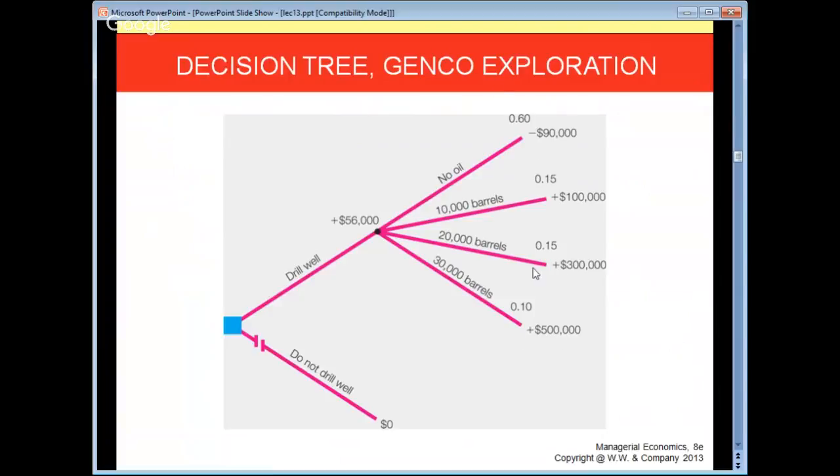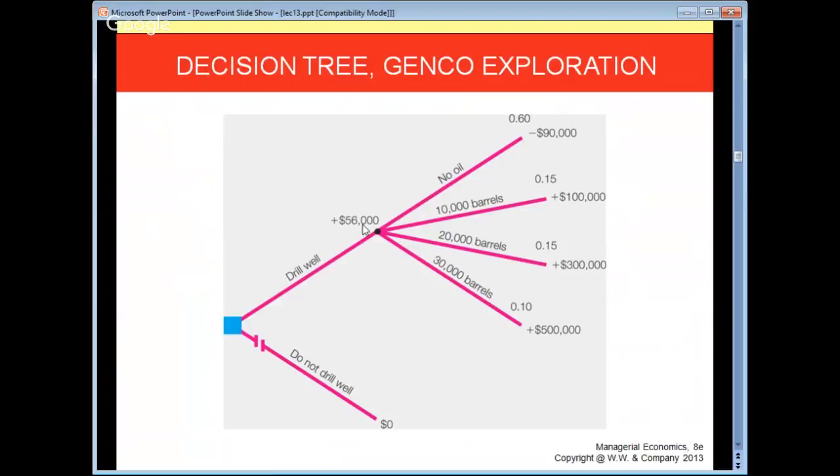I do the weighted average of the probabilities times the payoffs in each case, and that gives me an expected profit from drilling of 56,000. Now, we're going to see later on that if I'm risk neutral, in this case, I'm going to drill, right?